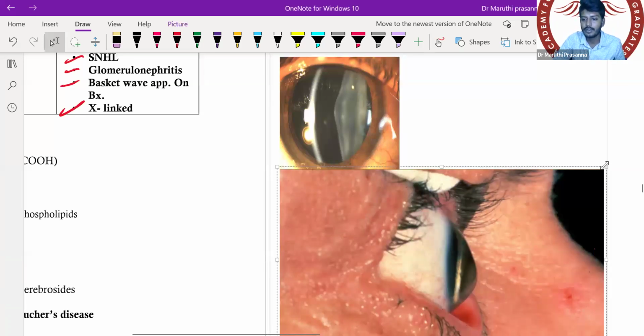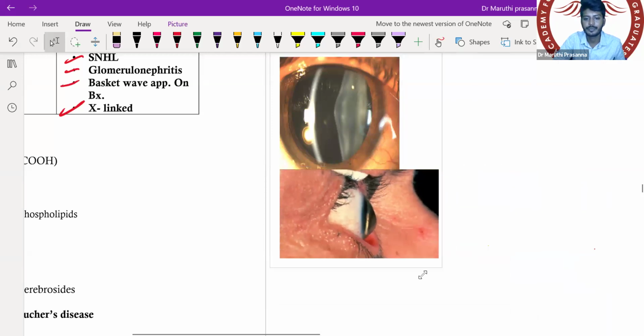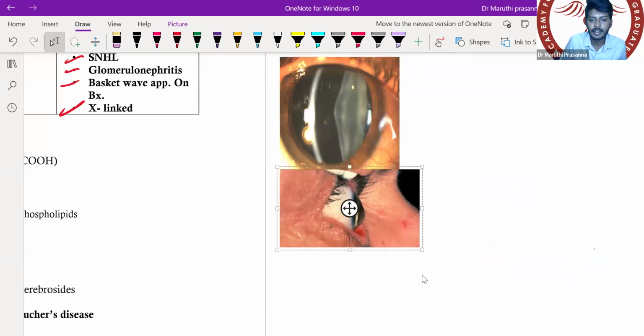Look at these two images and we will understand. In this image, if you notice, the cornea is normal, but here the lens has a curvature towards the anterior side. We will call it anterior lenticonus.